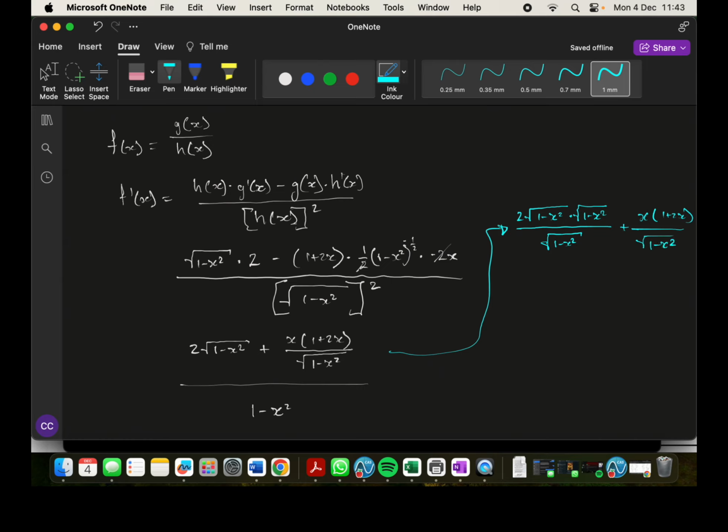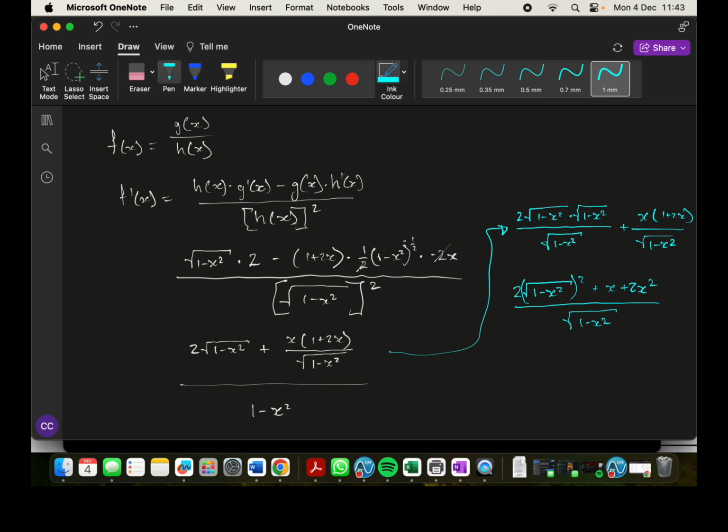Combining fractions, I would get 2 times the square root of 1 minus x squared, and all of that is squared, plus x plus 2x squared, and all of that over the square root of 1 minus x squared. And again, this is just the denominator.